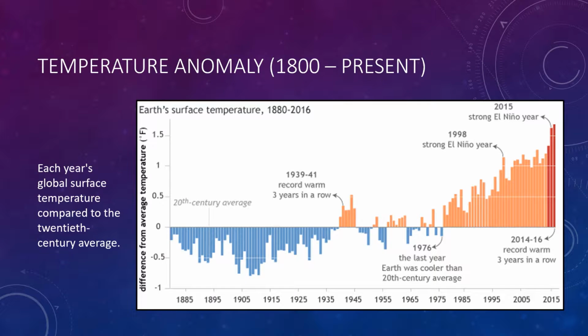So here's just another way to present that data. So this is our temperature increases since, again, roughly the Industrial Revolution in the 1800s. So notice that there is a general trend in which temperatures are increasing over time. The main reason I threw this one in, in addition to everything else, is that it shows El Niño years.